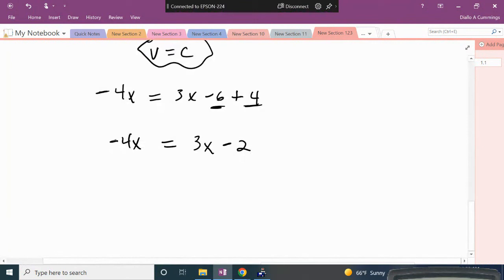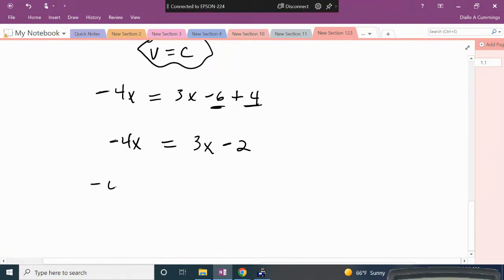Now, if I go back and take a look at my guide, notice that I have only a variable on the left-hand side, which is what I want. Variables on the left. I only want constants on the right-hand side. So if I look at my right-hand side, 3x is not a constant, so I'm going to transpose it, or move it to the left-hand side. So I'm going to change its sign.